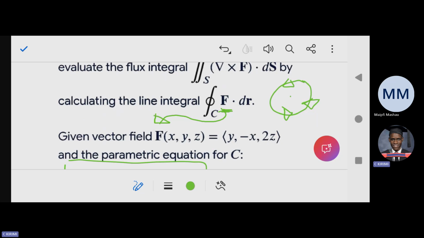But you don't write this f in the values that were given. You must write it in terms of that t, which is the parametric equation. So you are simply converting that f which was given on the question paper. F is y, minus x, 2z. So we are converting that f into variables of t, which are the parametric equations. Any questions?